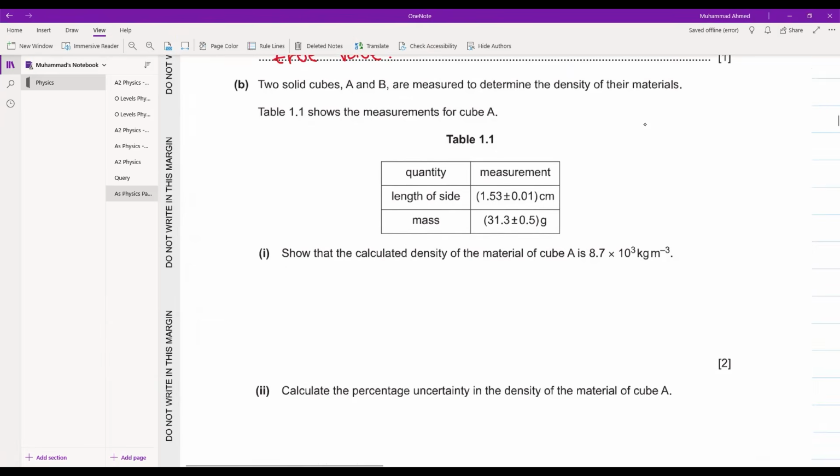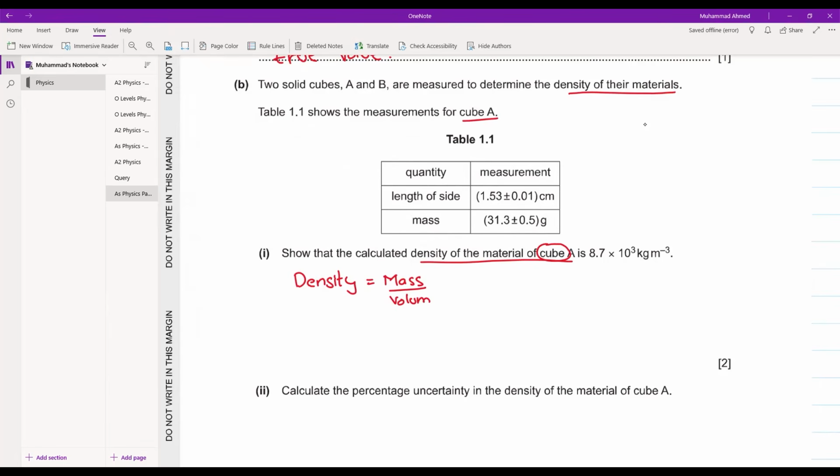Okay, two solid cubes A and B are measured to determine the density of their materials. Table 1.1 shows the measurements for cube A. You have to calculate the density of material of cube A. Density is equal to mass over volume.